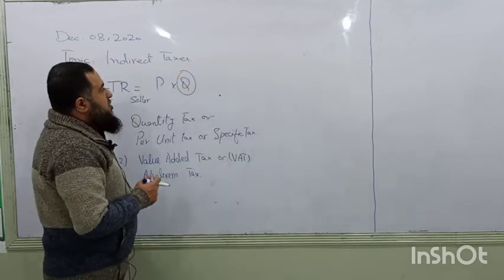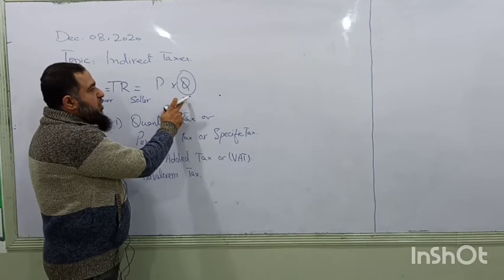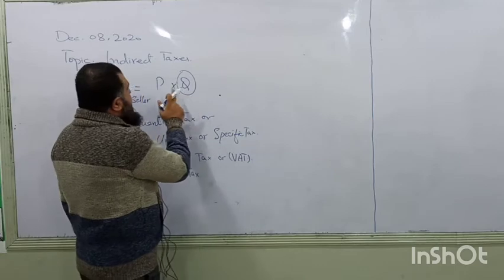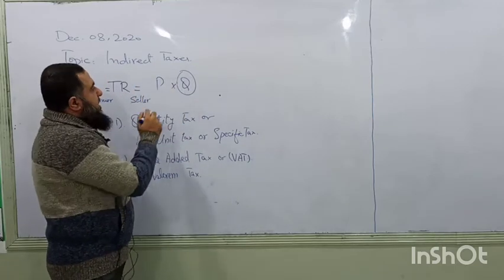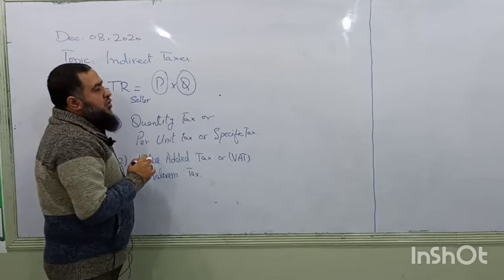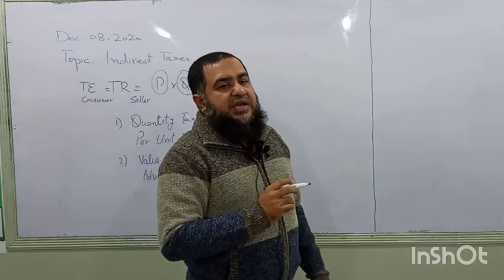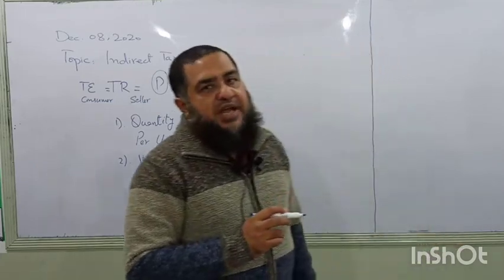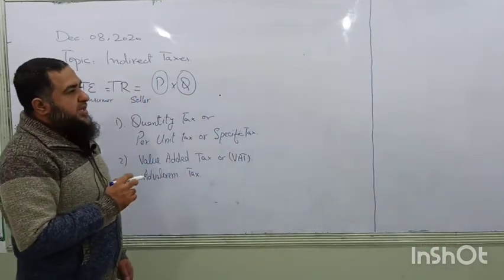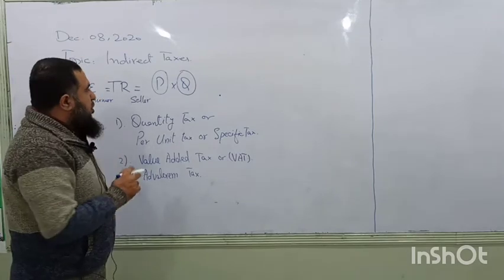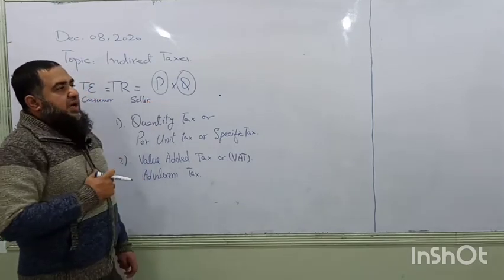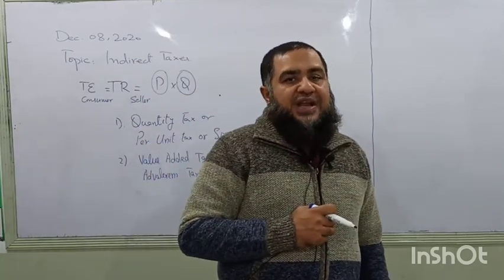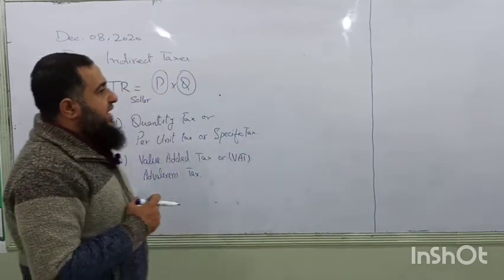So when it is imposed on the production, we say it is quantity tax. It is also called per unit tax, and it is named specific tax as well. Whenever this tax is imposed on the price of the product, as a percentage of the price of the product, then we say it is a value added tax. A value added tax will be imposed on the price of the product, and it is a percentage of price. It is also given the name of ad valorem tax, whereas the quantity tax is imposed on the quantity produced.